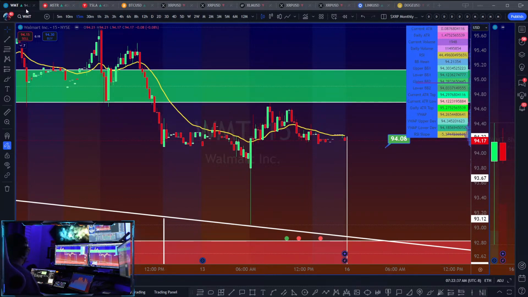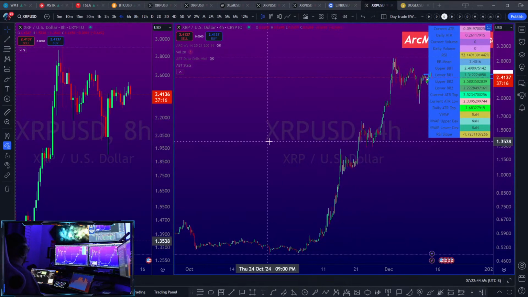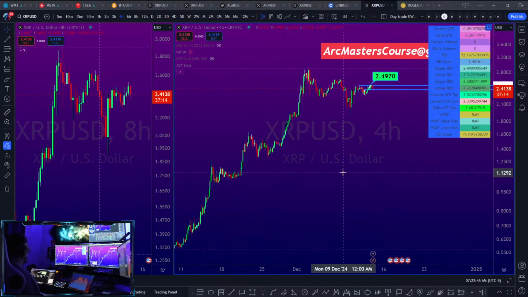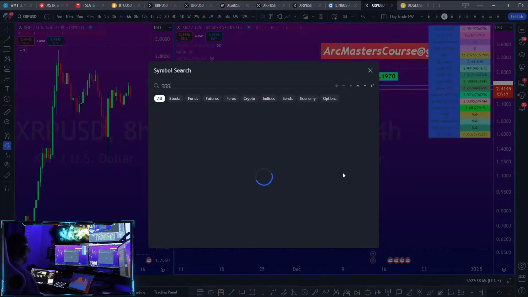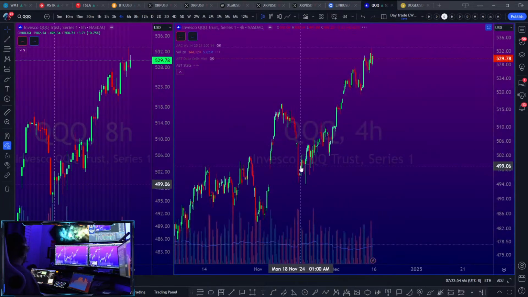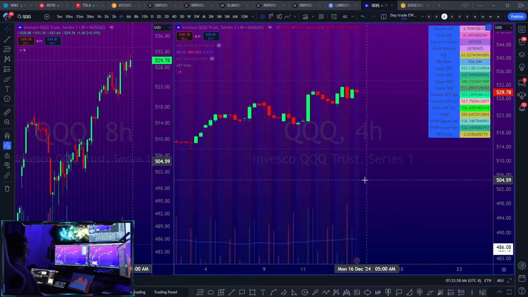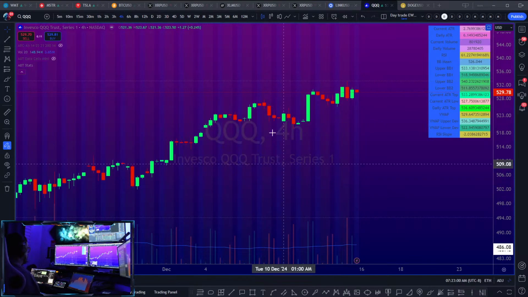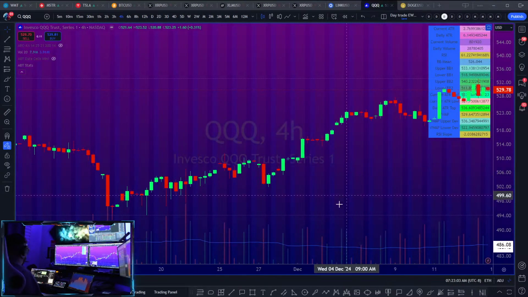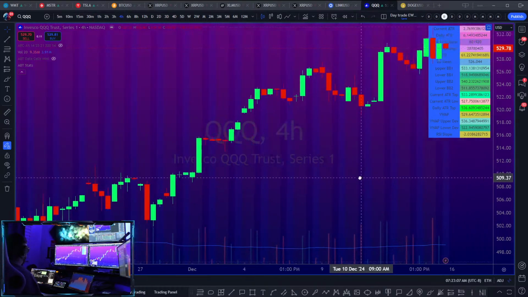We could even do this through the Qs, the QQQ. The SPY has been so dead lately. The S&P 500 has had very little movement, so I think it would be best to take a look at things within the Qs. And it doesn't even matter, because we would have to use just historical price for whatever we're doing here.